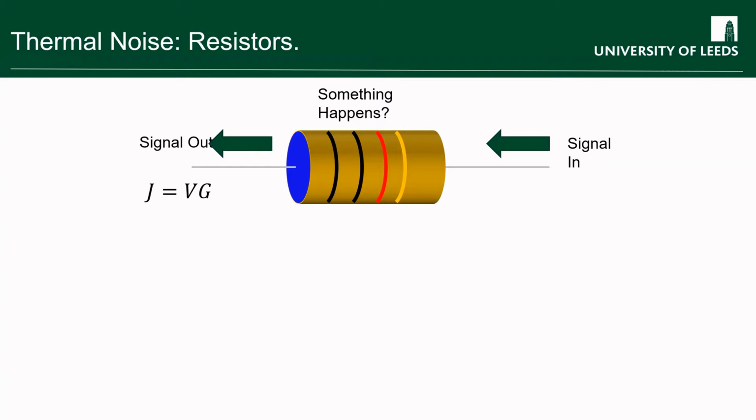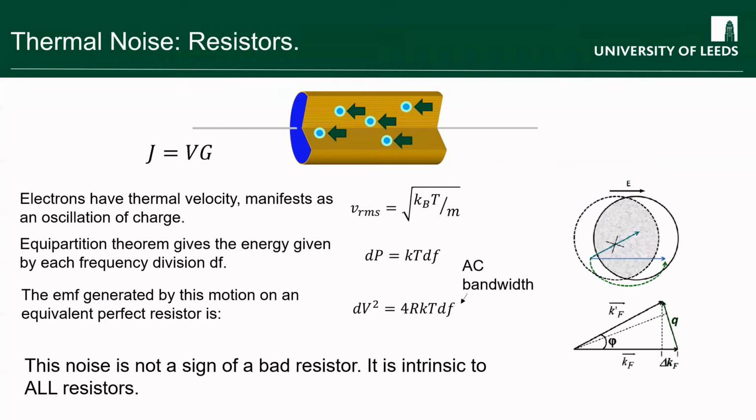But what you find is that as that current passes through that resistor, something is happening, which means that you're getting an additional voltage drop on top of what you expect from Ohm's law. You're getting some kind of fluctuation in voltages, which of course is a noise. So what's going on here? Well, we can actually think about what's happening here.